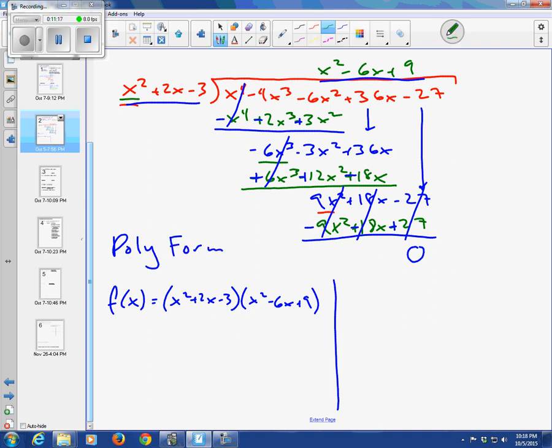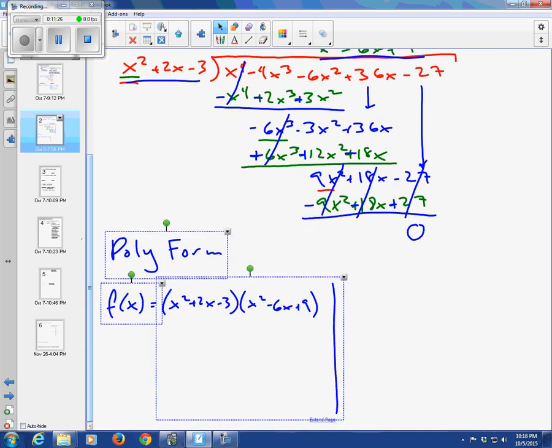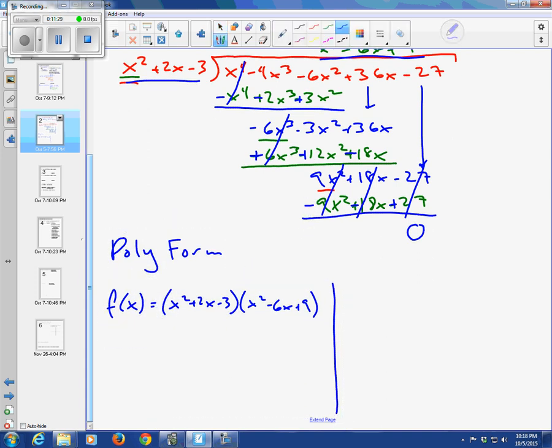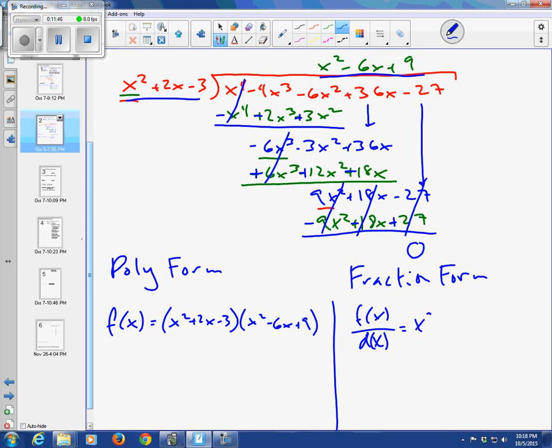And when we represent this in fraction form, what we're seeing is our f of x divided by our d of x, which is going to give us the quotient, rather, x squared minus 6x plus 9, and there is no remainder.